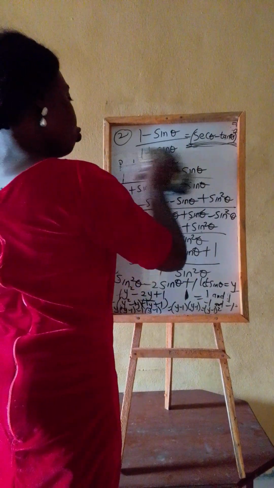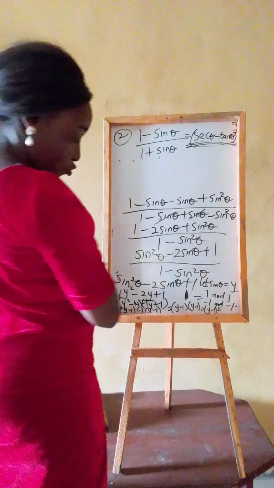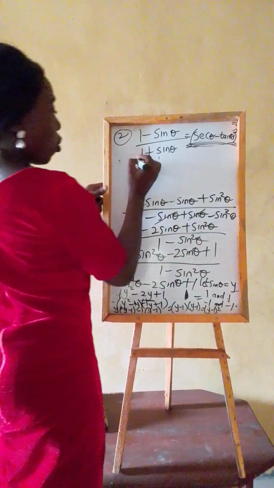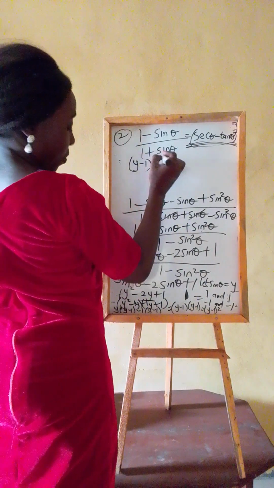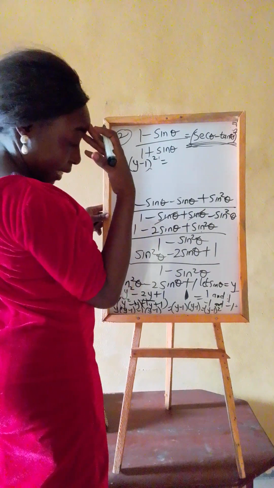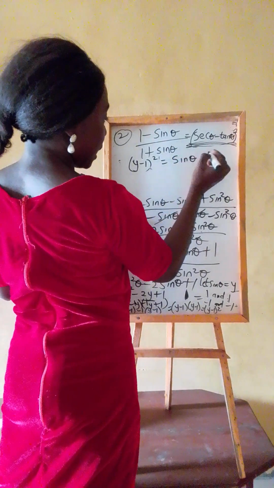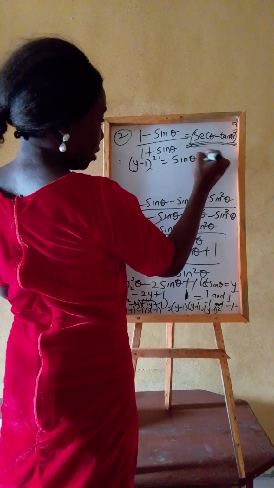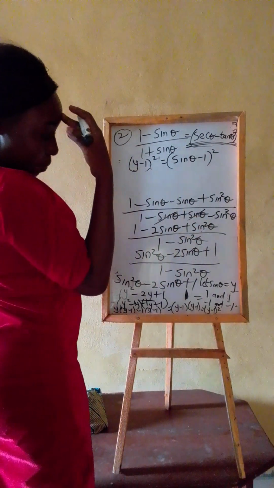Remember our y is sine theta. So this is sine theta minus 1 squared.